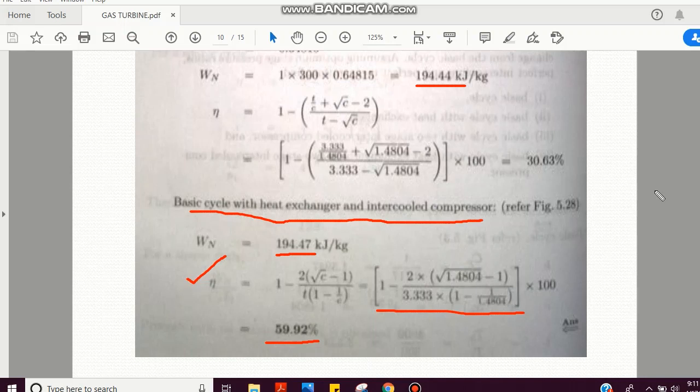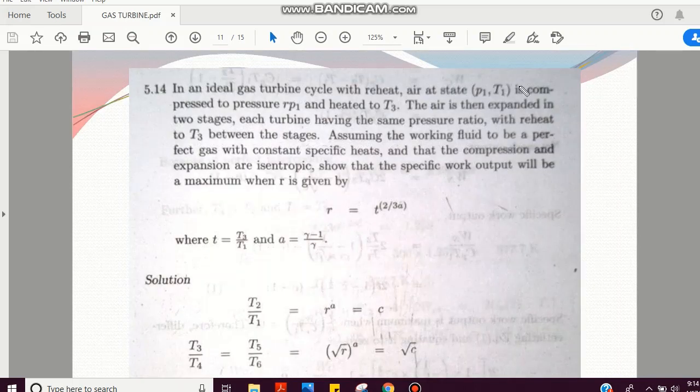59.92%. Okay, this is the value of efficiency in case of basic cycle with heat exchanger and intercooled compressor. So in this numerical, it says that in an ideal gas turbine cycle with reheat, air at state P1 and T1 is compressed to a pressure R into P1 and heated to T3.